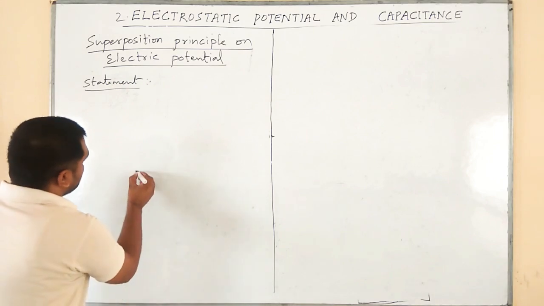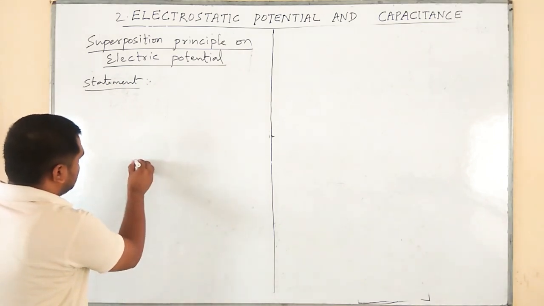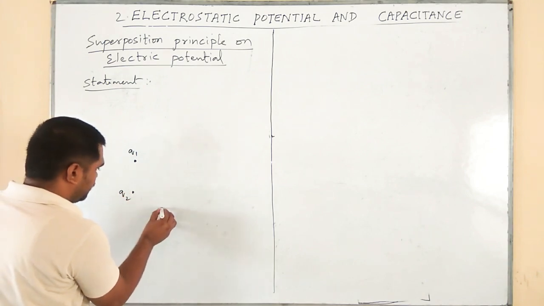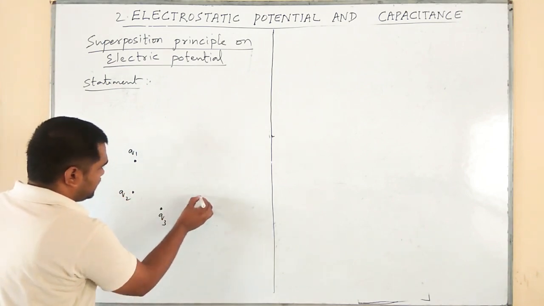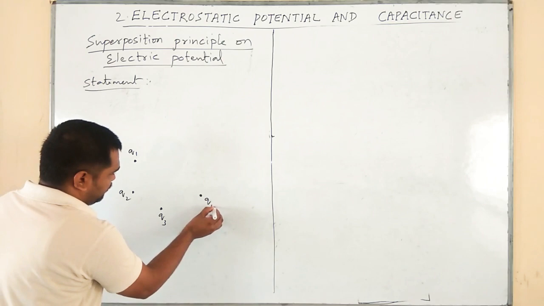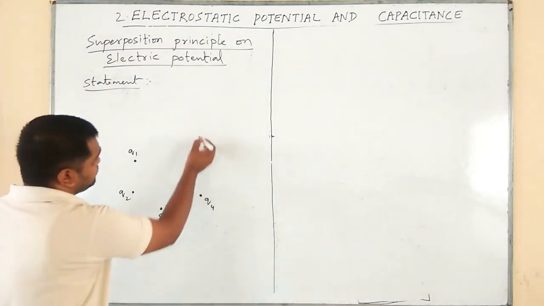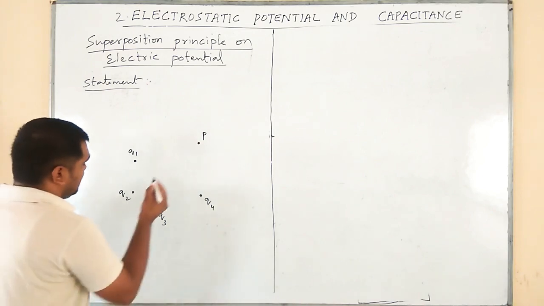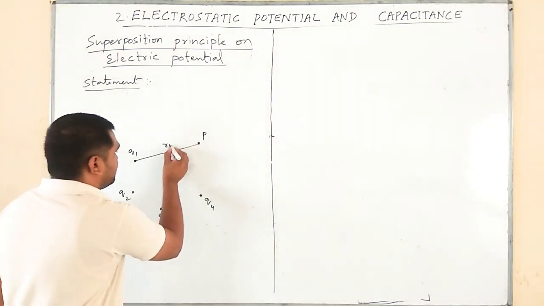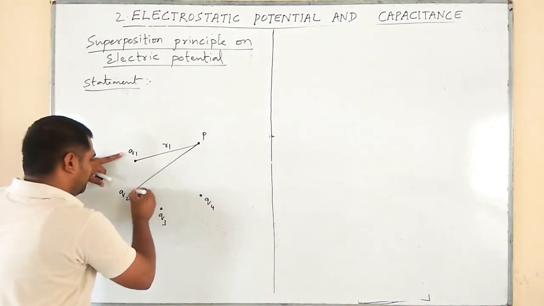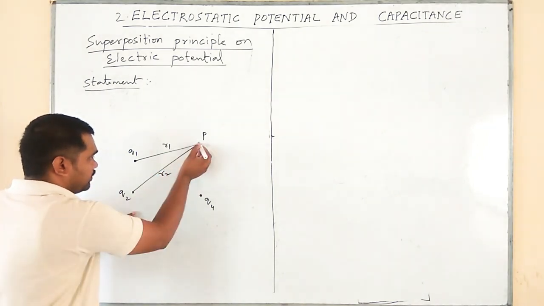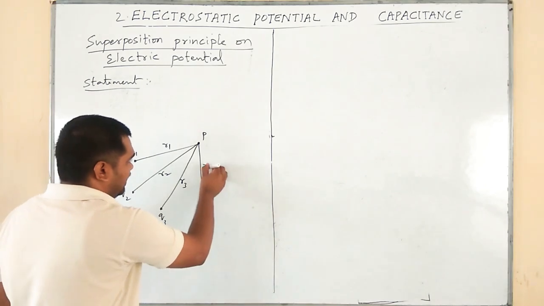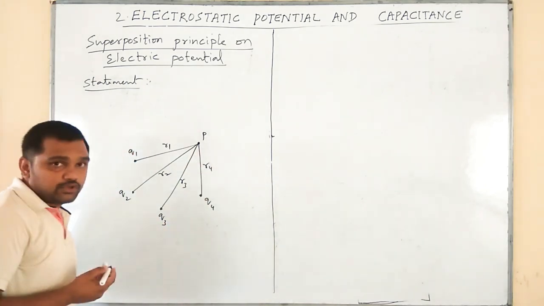For my reference, I will take a few charges like this: Q1, Q2, Q3, Q4 and so on. Let P be a point at a distance of R1 from Q1, R2 from Q2, R3 from Q3 and finally R4 from Q4.